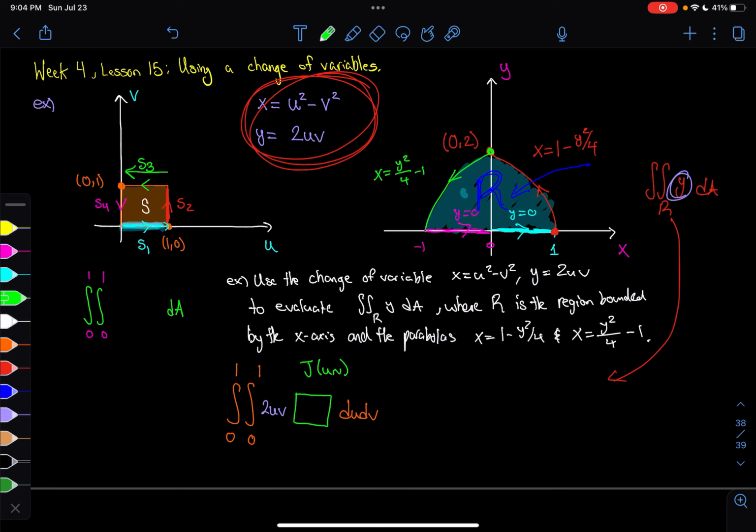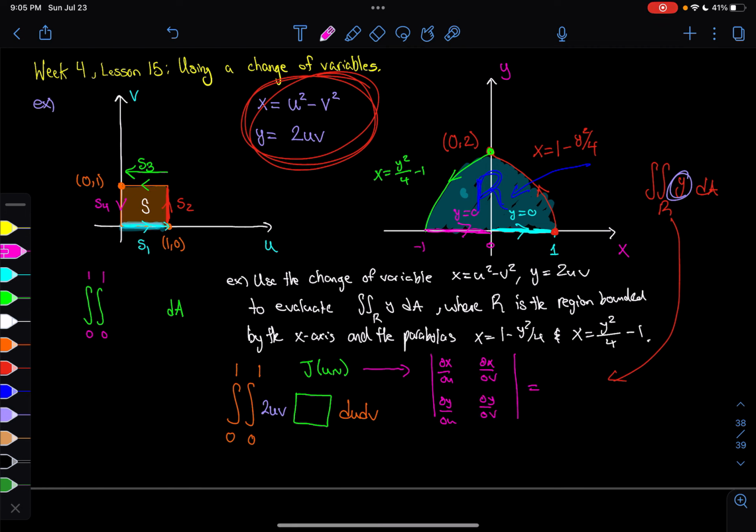But lucky for us, that's not really going to be that hard to calculate based on our information before. Remember that for the Jacobian, all we really need to do is figure out some partial derivatives and take a determinant, right? So we're going to have this determinant, and what goes inside of it? Well, we're going to take the partial of x with respect to u, partial of y with respect to u, and then the partial of x with respect to v, and the partial of y with respect to v.